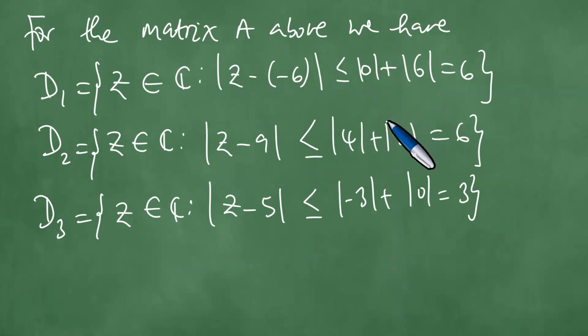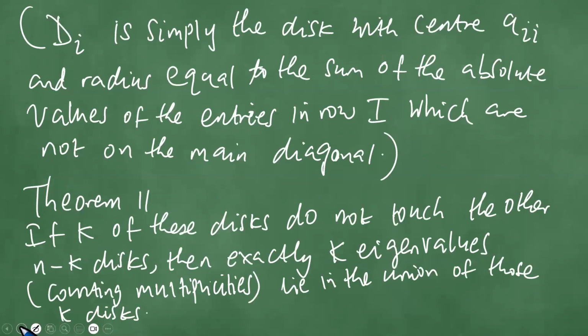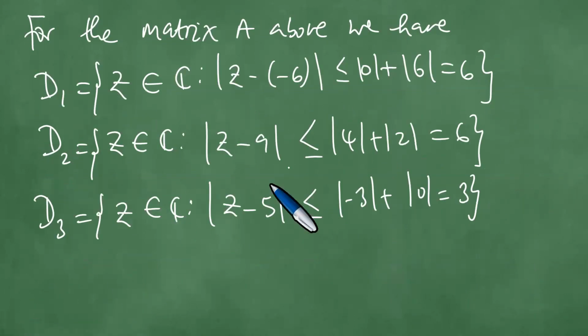Then here you're going to add the off diagonal entries. So you find the summation of the modulus of the off diagonal entries where j runs from 1 to n, because we're dealing with the n by n matrix. Moreover, here you have 0 plus 6.